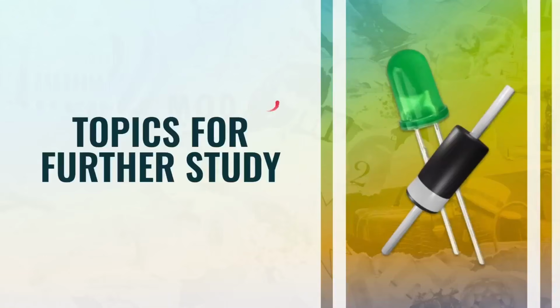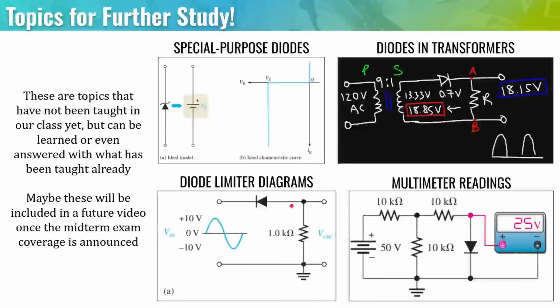But if you are still looking for topics for further study, since it's mentioned that the last two items were not from our discussions but from the module, you may be interested in studying special purpose diodes like the Zener diode, diodes in transformers, like what happens if there's a turn ratio, and then when there's a turn ratio between these two coils, you can still apply the series and the parallel concepts discussed earlier.